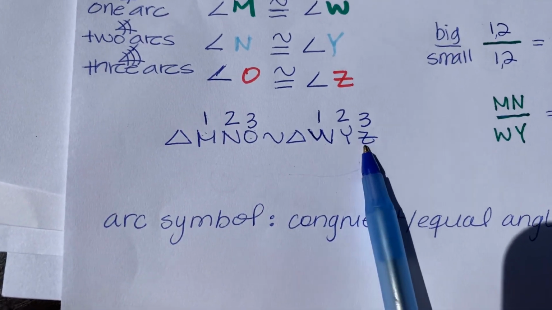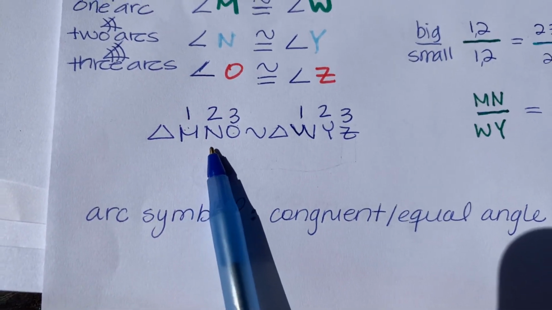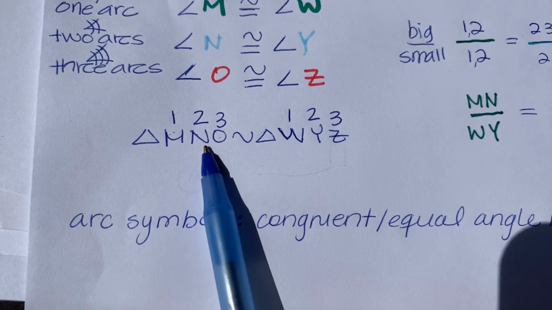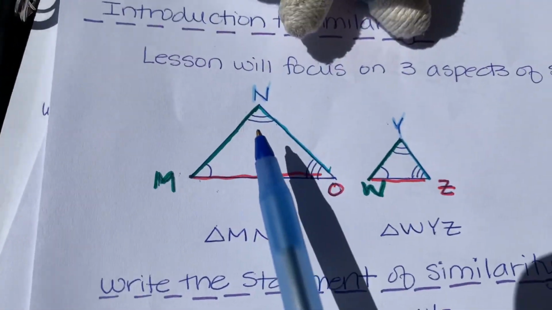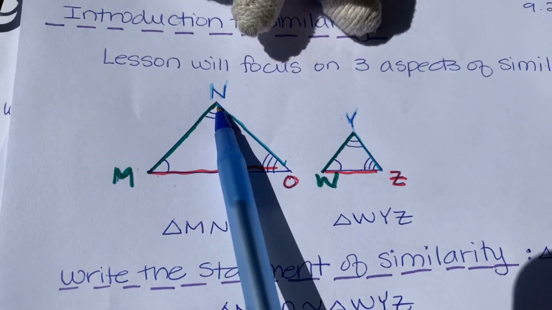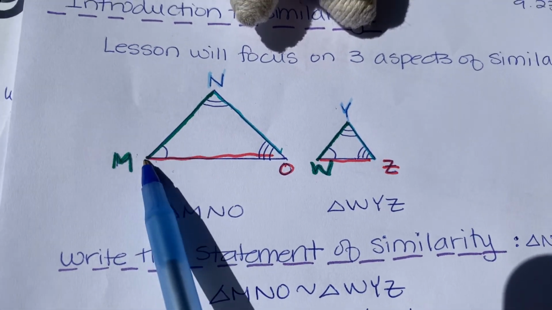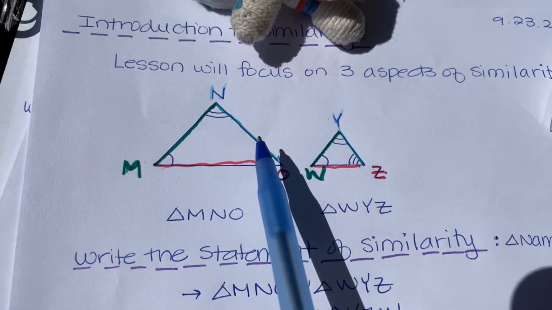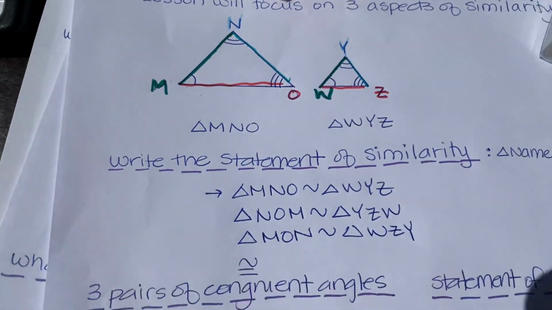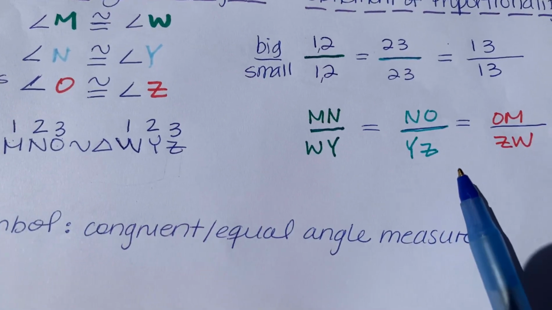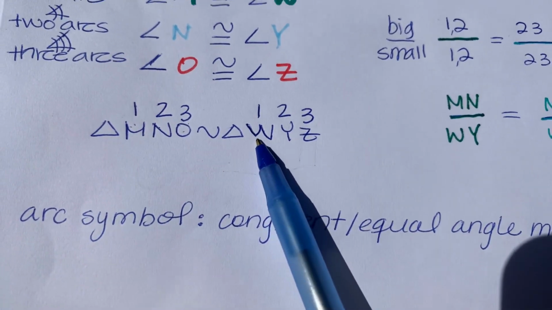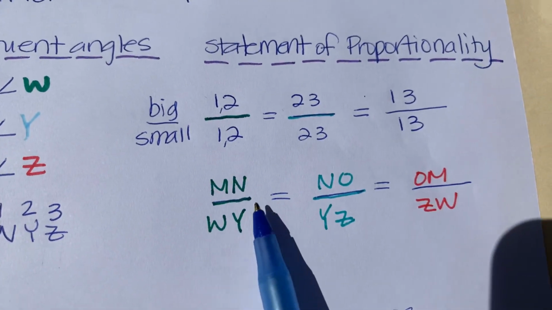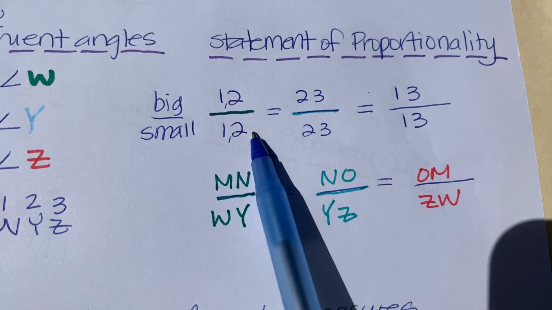Okay. Now also, I know how the sides correlate. The first two, MN vertices, create a side, right? Remember, 2 points create a segment, right? So even though they're vertices, plural, we need 2 letters to create a side. So you have 1 and 2, MN goes with 1 and 2, WY, and there's my 1, 2.